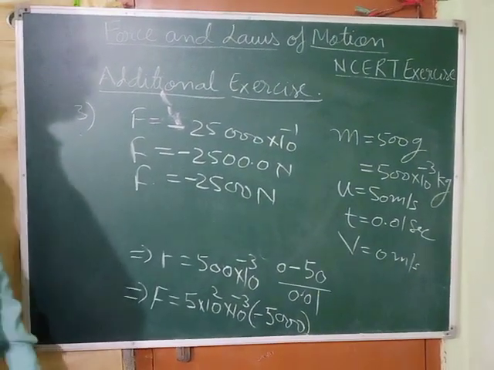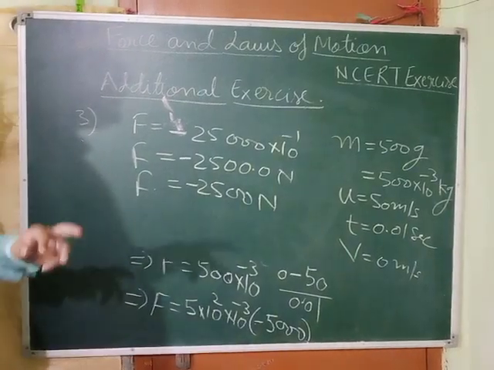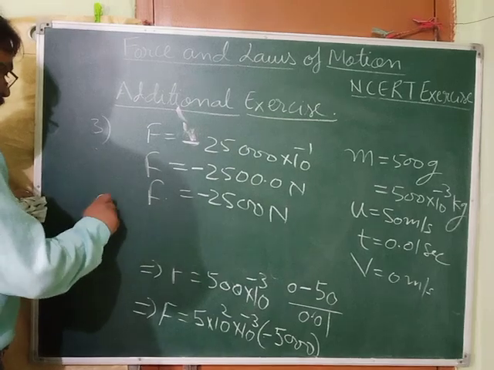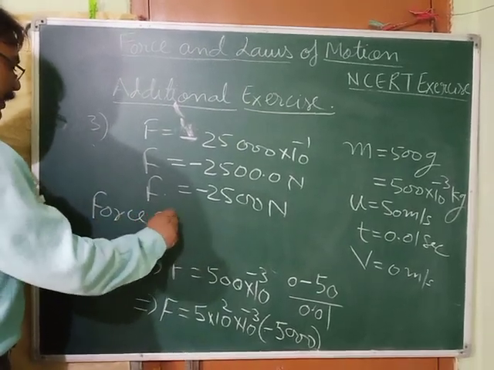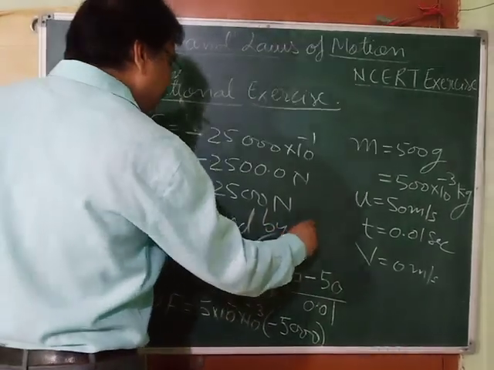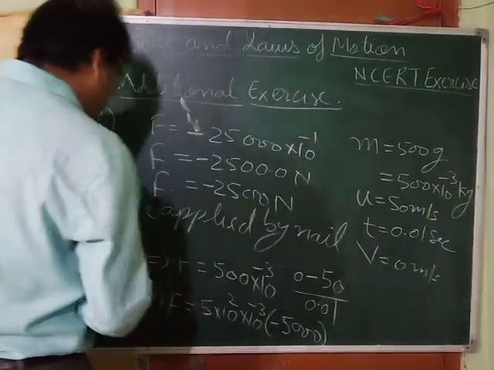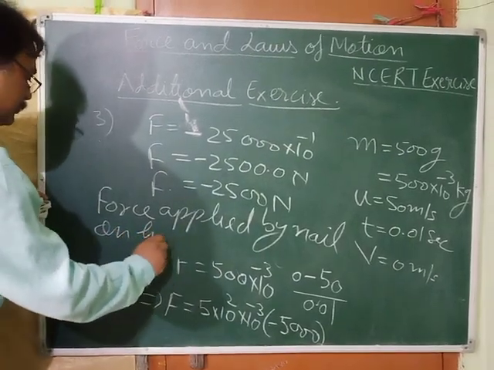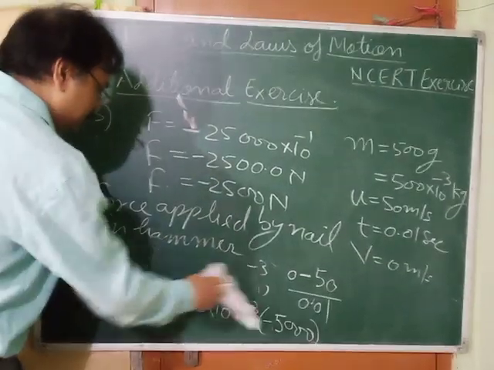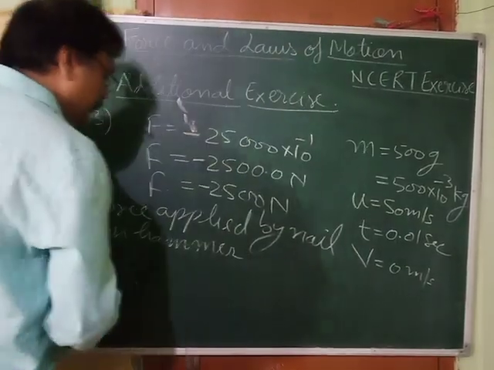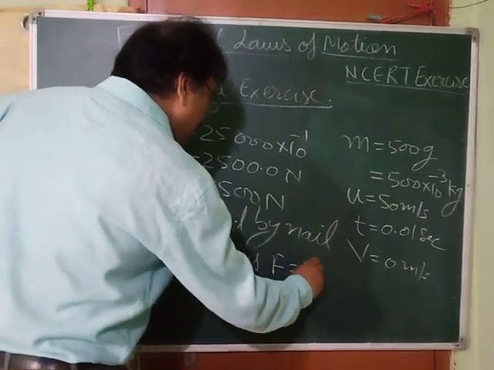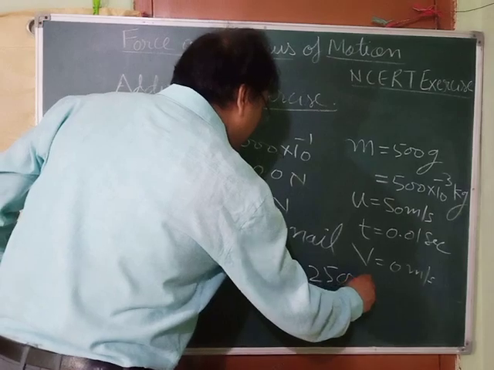But what about the force applied by nail on the hammer? We know that forces are equal and opposite. So force applied by nail on hammer is F is equals to 2500 Newton.